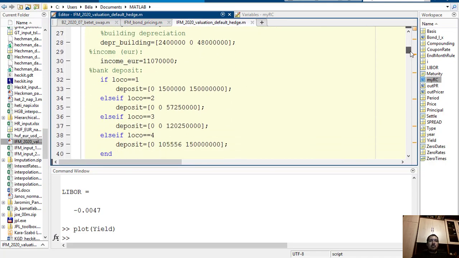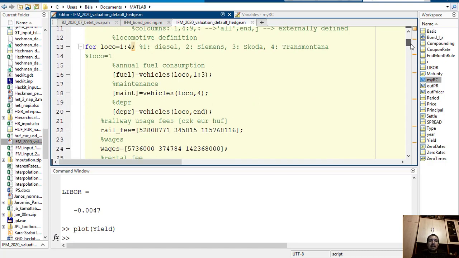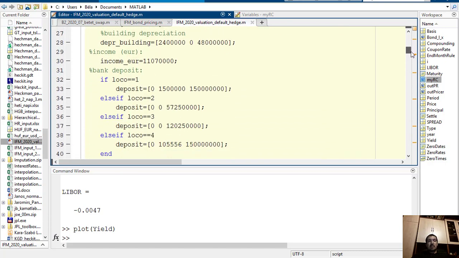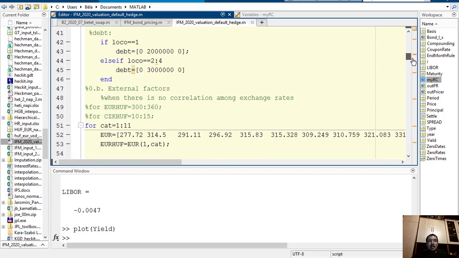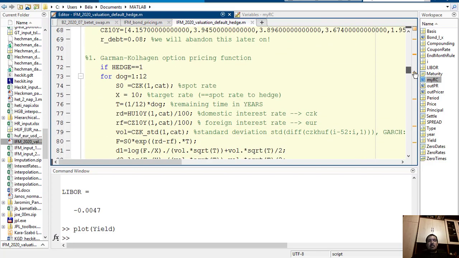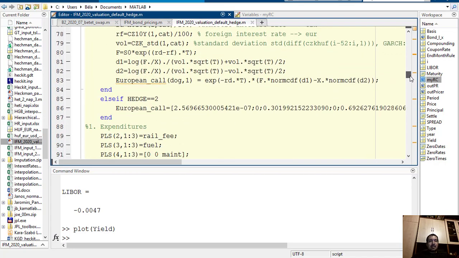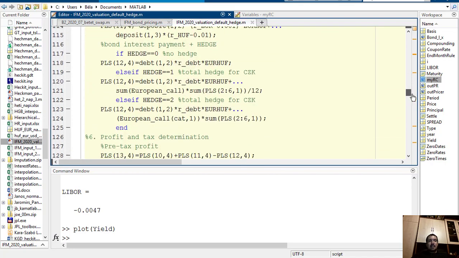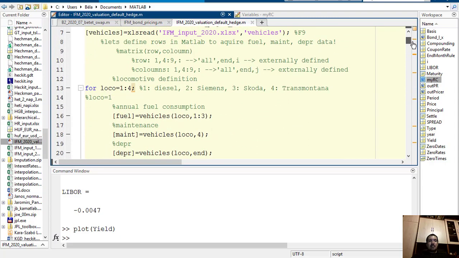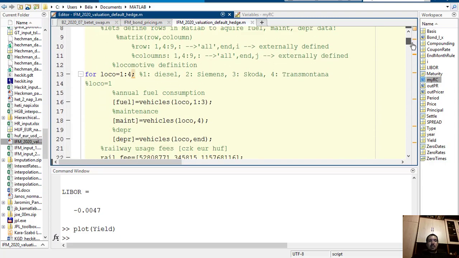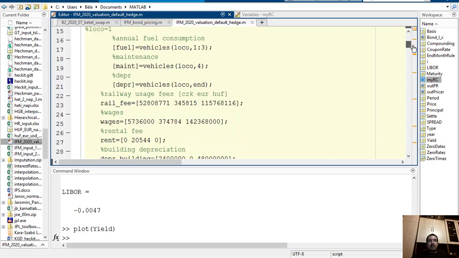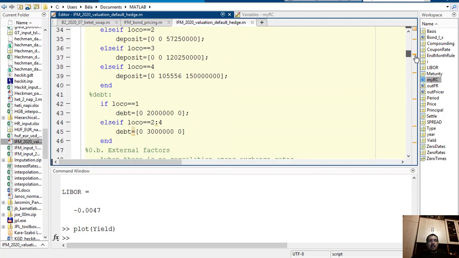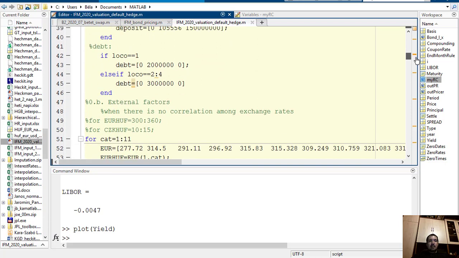Because from the investor point of view, it's always so nice, or actually it's not nice, it's a problem, that we have these highly negative interest rates and yields. But let's see what is happening when we have to change our interest. So somewhere here, yeah, we have the debt.